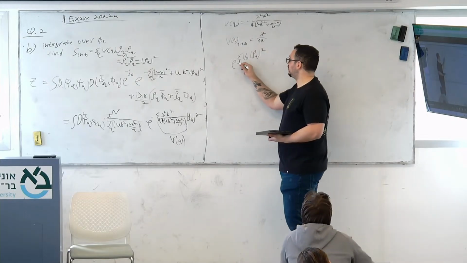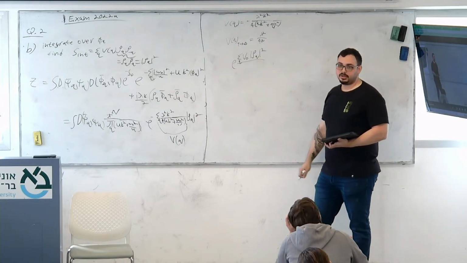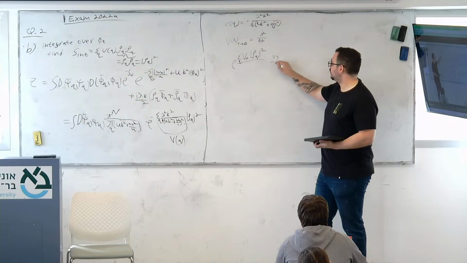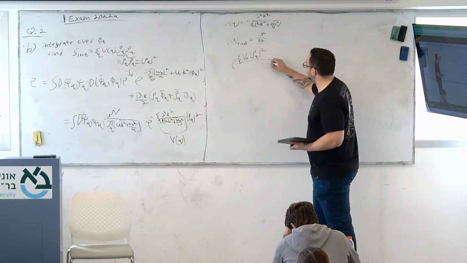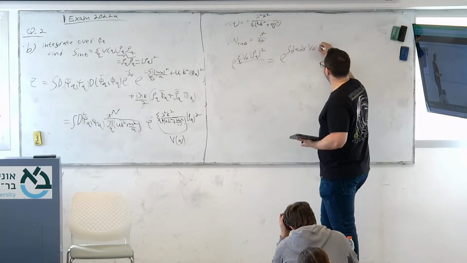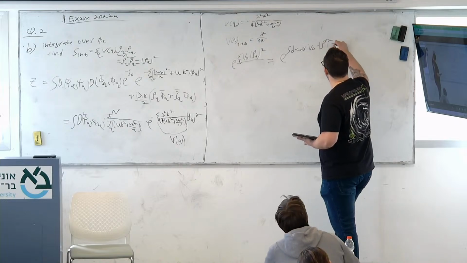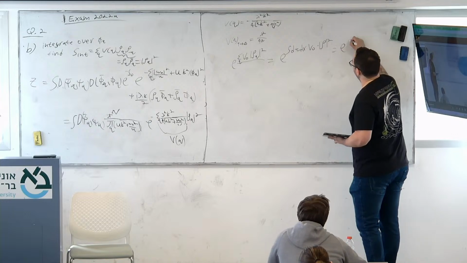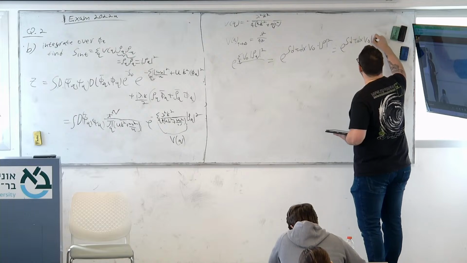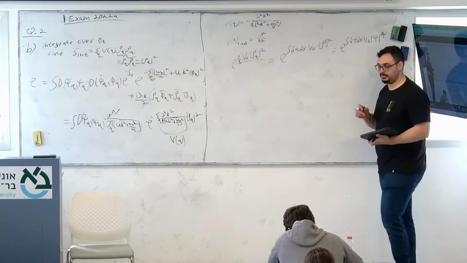You should already know the transformation of some function absolute value squared. It will just be e to the integral d tau dx of V0 times rho absolute value squared, or e to the integral d tau dx V0 absolute value psi to the power of 4, which is exactly what we're asked to find in the question.